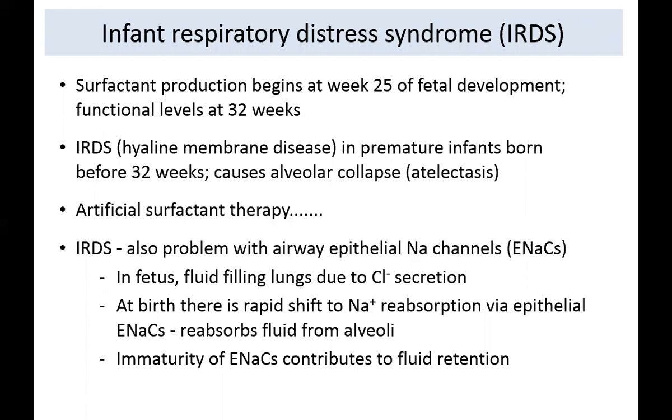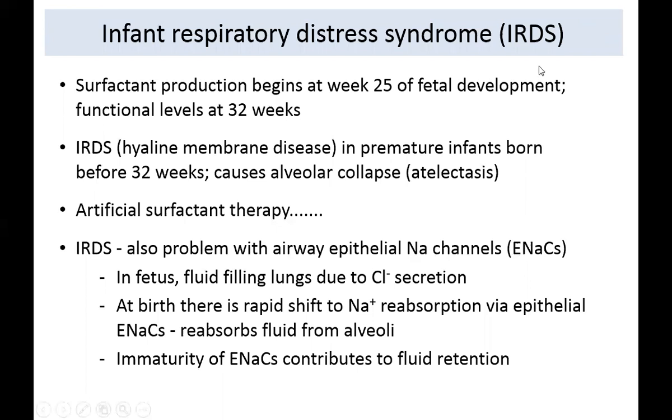To help correct this, there is artificial surfactant therapy available for these infants, and this is put directly into the airways to help keep the alveoli open until they've got enough of their own surfactant to do so.